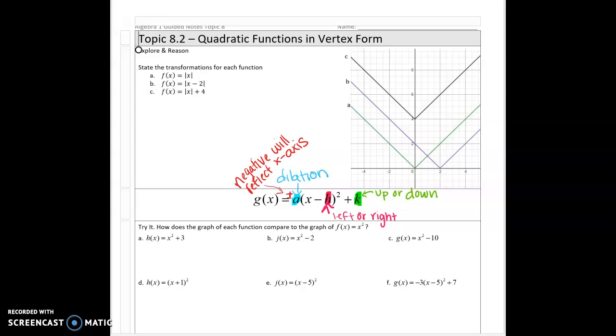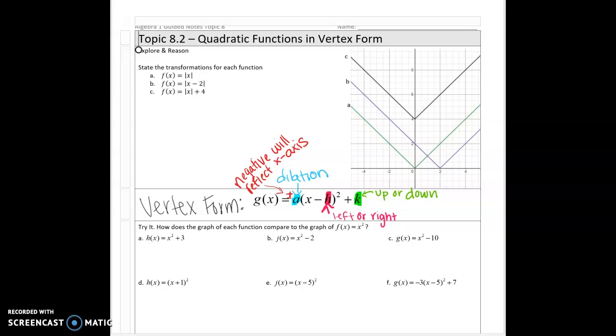Okay, so we just talked about the parent function, which is right here. So this is your vertex form. And here's the squared that I was talking about earlier. That should have been on the other one that I wrote. So a negative will reflect.